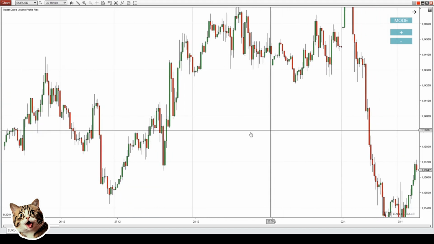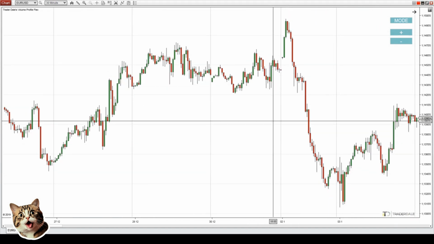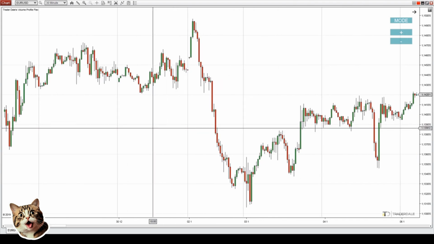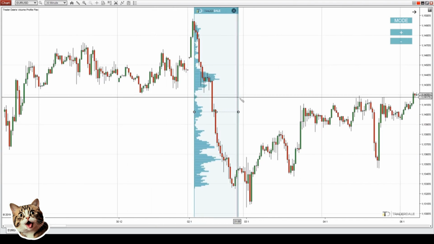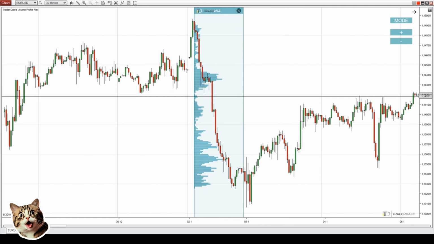So let's move forward and look for some strong trend, which I see right there. This one. And in here we have several significant volume clusters. The first one from the bottom is this one, the strongest one. A very nice reaction to it.